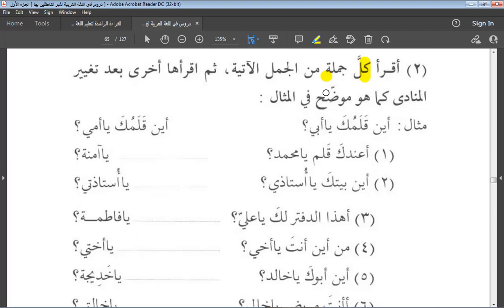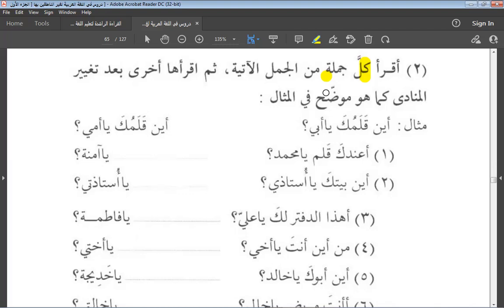After كل, if it is كل, then the noun coming after it will take kasra. You can note that if you didn't know it before.